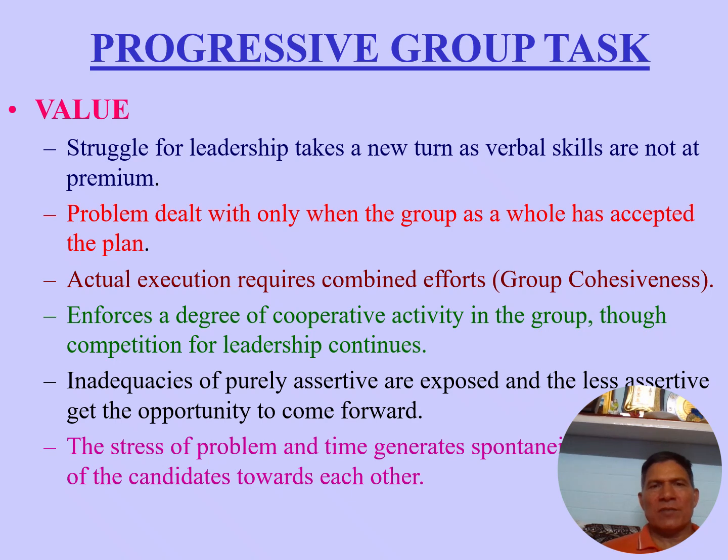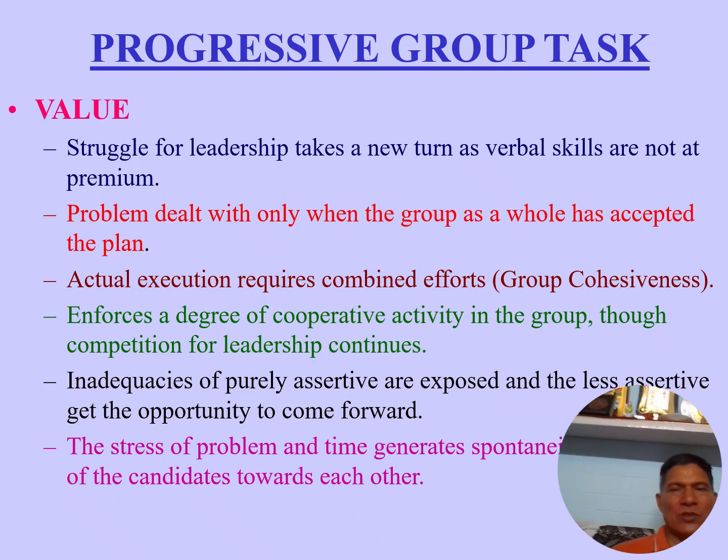Struggle for leadership takes a new turn as verbal skills are not at a premium. The problem is dealt with only when the group as a whole has accepted the plan. Actual execution requires combined effort, that is group cohesiveness, which is most important, gentlemen. It enforces a degree of cooperative activity in the group though competition for leadership continues.